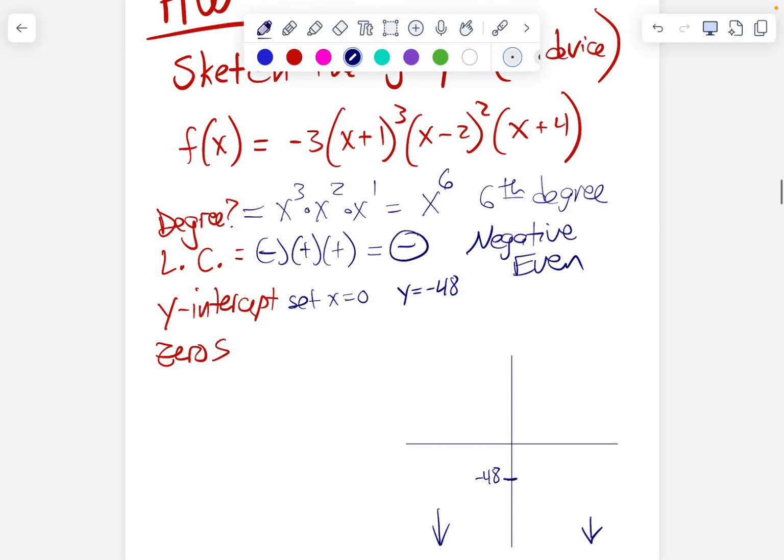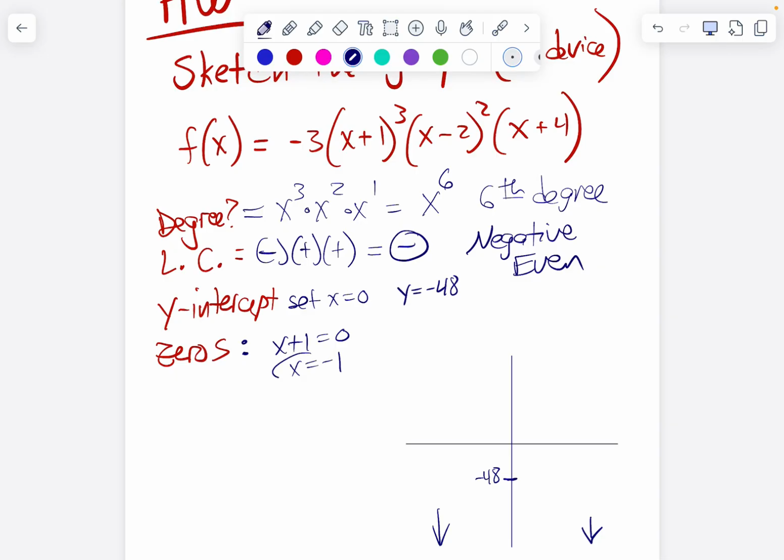All right, what are the zeros of this? It's just where each term becomes 0, just like when we factored quadratics. It's the same idea. We just have more of them. So can -3 ever be 0? No, it won't, right? Can this term be 0, x plus 1? At -1. Yeah, so x plus 1 equals 0 when x equals -1.